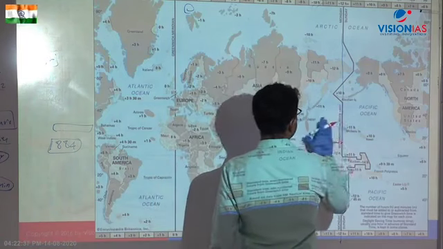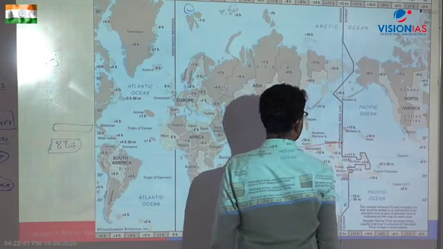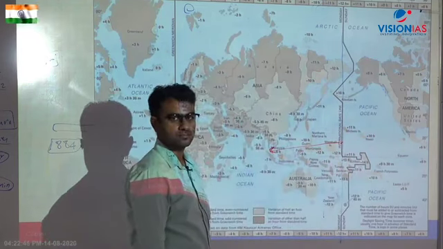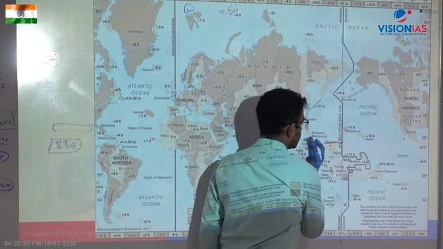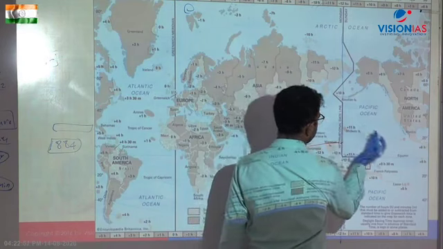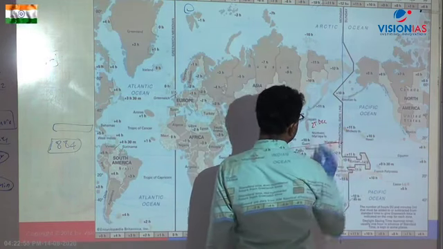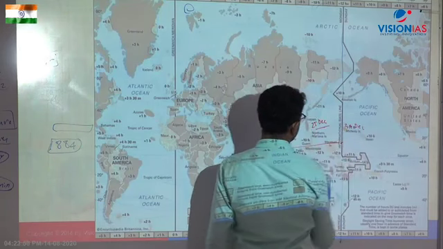But the issue is we have 180 degrees east, but there are many islands in between lying exactly on this. So they would face an issue because some part of their island would be on this side of the international date line and some part on the other side. That means if it is 25 December here, it is 24 December here, because the date starts from here.